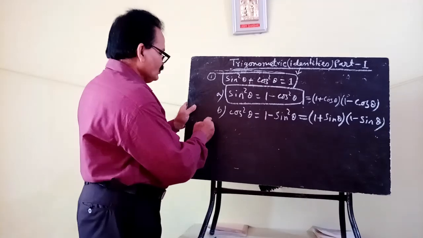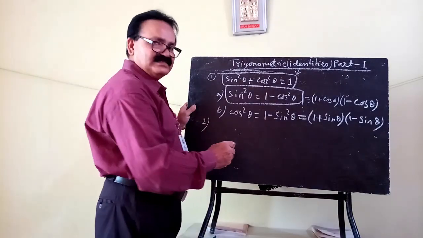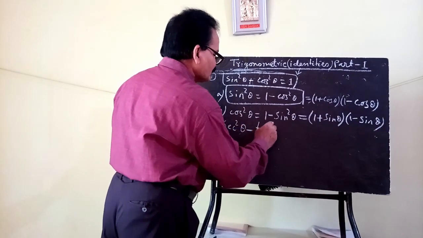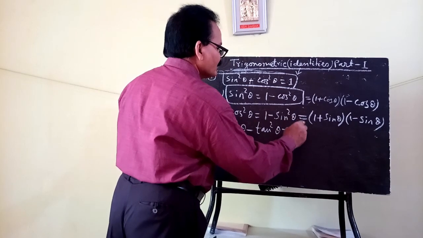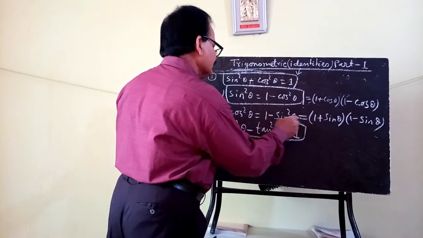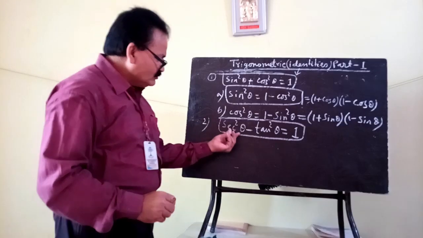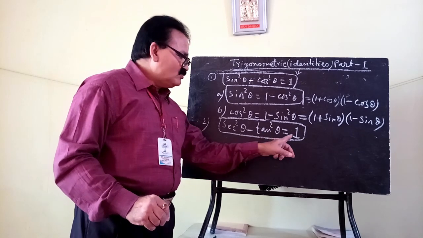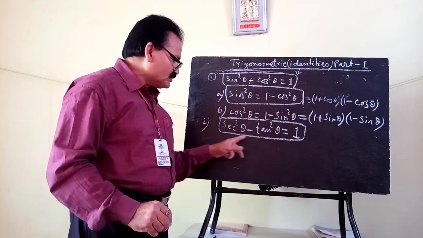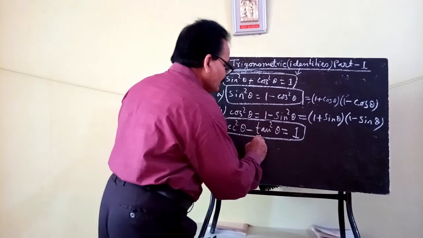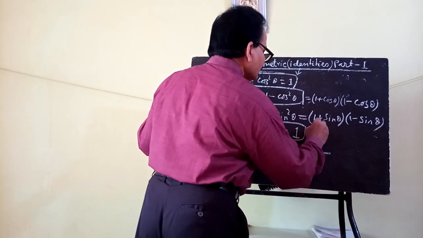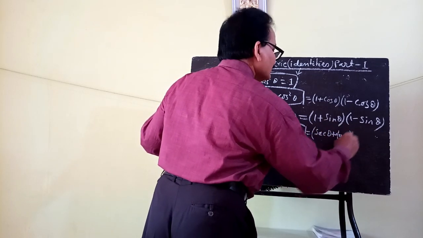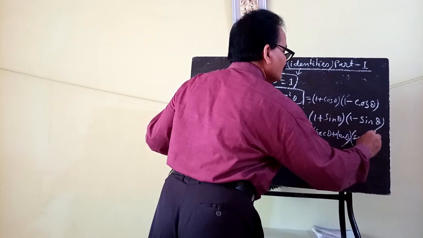So for formula 2, if you see, identity 2 is sec square theta minus tan square theta is 1. This is your original identity. Here you see the difference of the squares of two terms. In some questions, you might have to put, instead of 1, this one, and then you can factorize it as sec theta plus tan theta into sec theta minus tan theta.